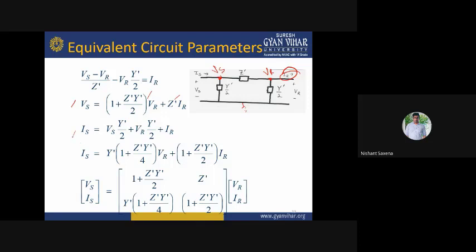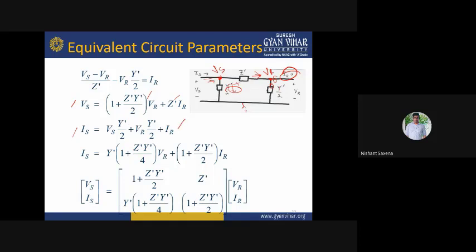Similarly, Is is equal to Vs·(Y'/2) plus Vr·(Y'/2) plus Ir. Look at this: Is is the sum of the current in this direction and in this direction, so I am adding these currents.